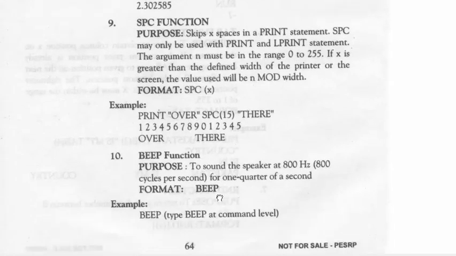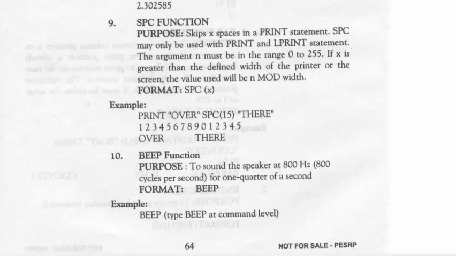Example: print "over" SPC(15) "there" 1 2 3 4 5 6 7 8 9 0 1 2 3 4 5 over there. So what it will do is there are 15 spaces between the characters over there.